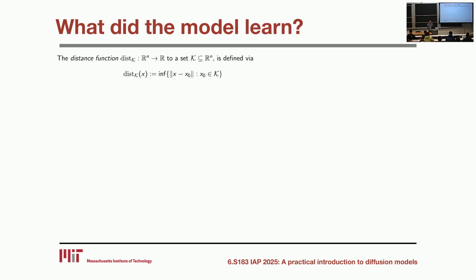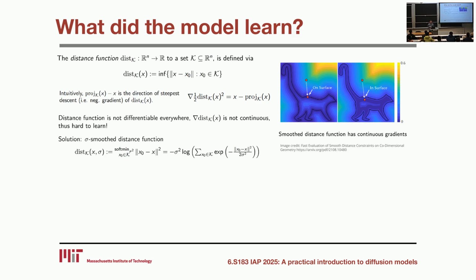All right. So we'll talk more about a distance function. First, we define a distance function to be basically a distance to these data sets. And something interesting is that the gradient of a distance function basically projects onto a data set. So here you can see that the data set is this outline in black. If you take a point outside of this data set and compute the gradient of the distance function, it projects onto the surface. This is nice, but one problem is that the distance function is not smooth.